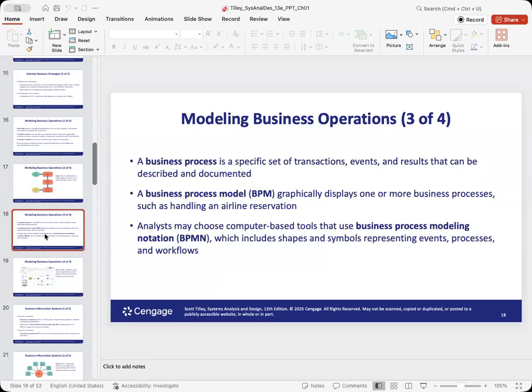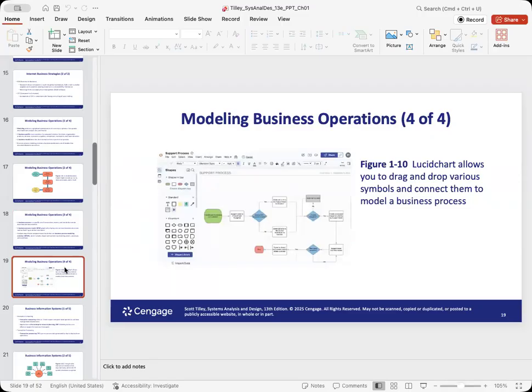So you, as an analyst, use computer-based tools to showcase the business process model. Is it clear? And this business process model notation uses shapes, symbols, events, processes, and workflows. This is how the examples look.